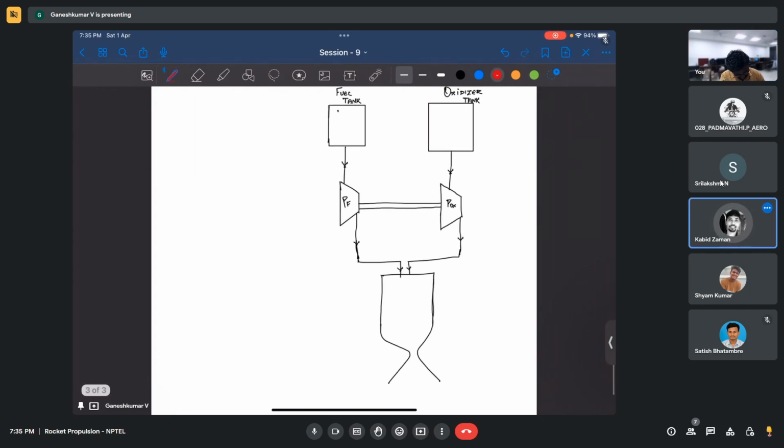Yeah, there should be a turbine as well. Okay. Turbine is there, driving the pumps. Turbine gets power to drive the pump.